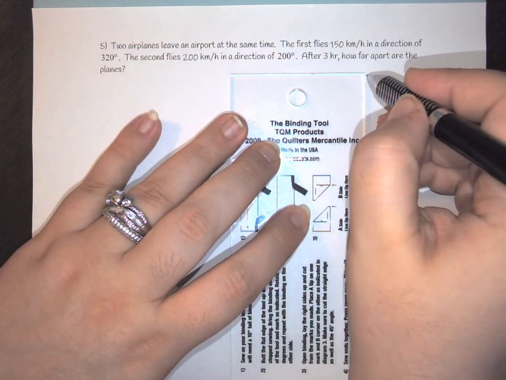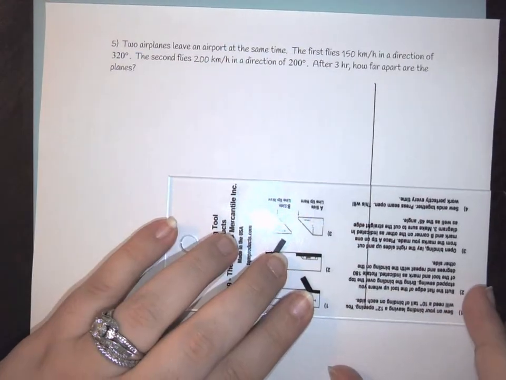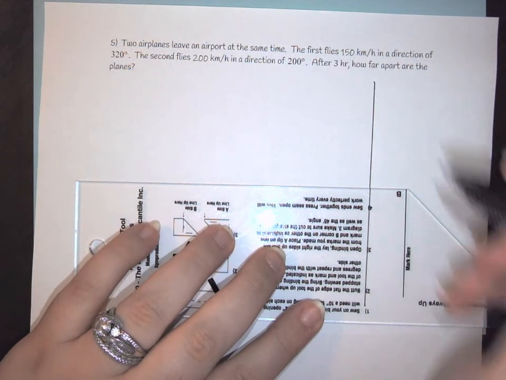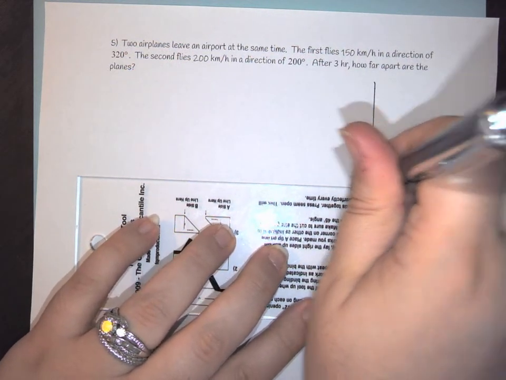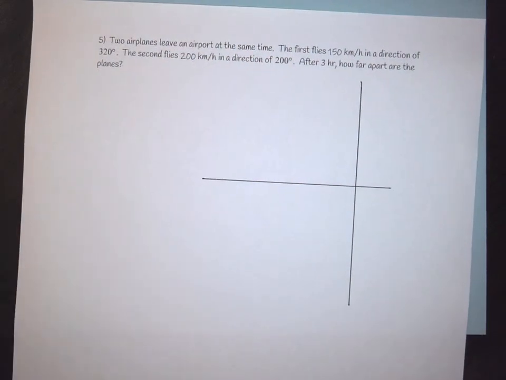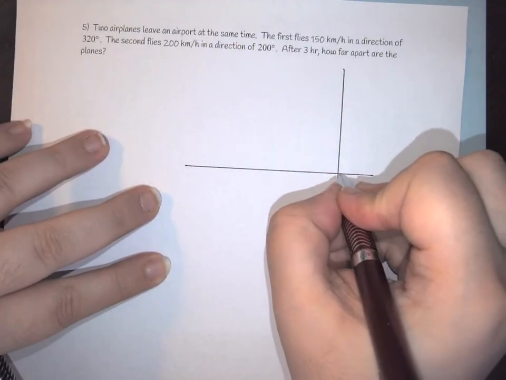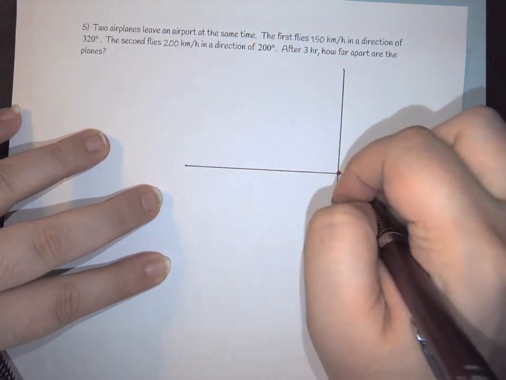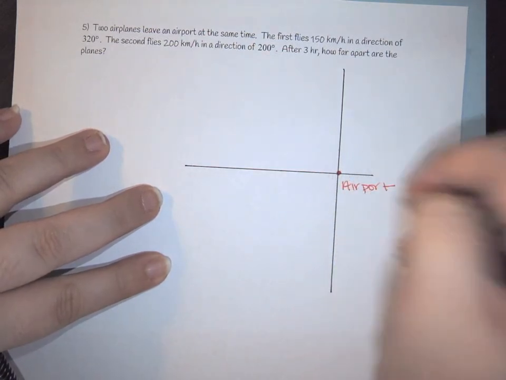So we have our little compass. Okay, so first and foremost, we know that this spot right here is going to be the airport. Okay, so let's go ahead and label that.